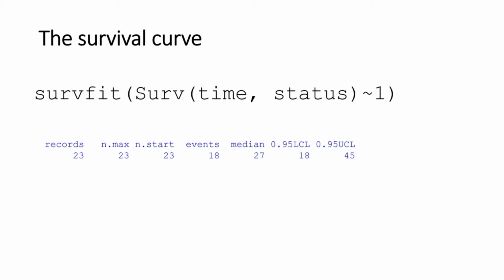Among these 18 people, there was a median survival time of 27 months. As we already mentioned, the median is used because of the skewed distribution of data. The 95% confidence interval for the median survival time for these 18 uncensored patients is between 18 and 45.